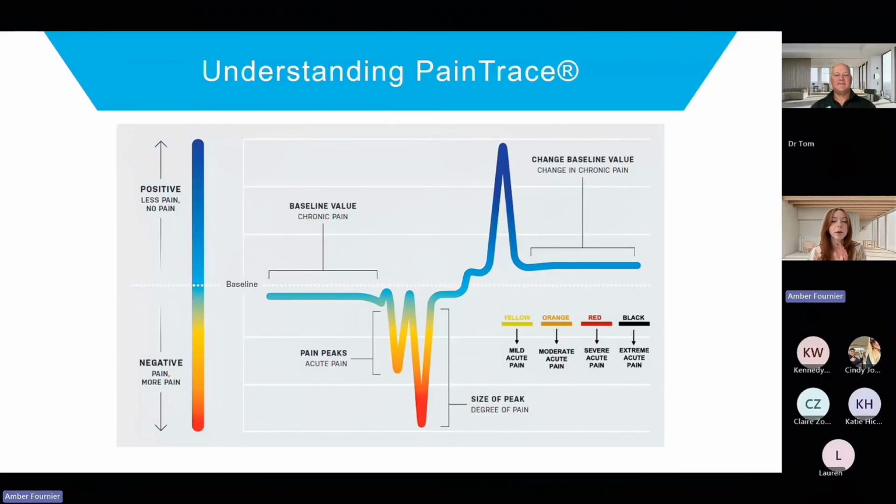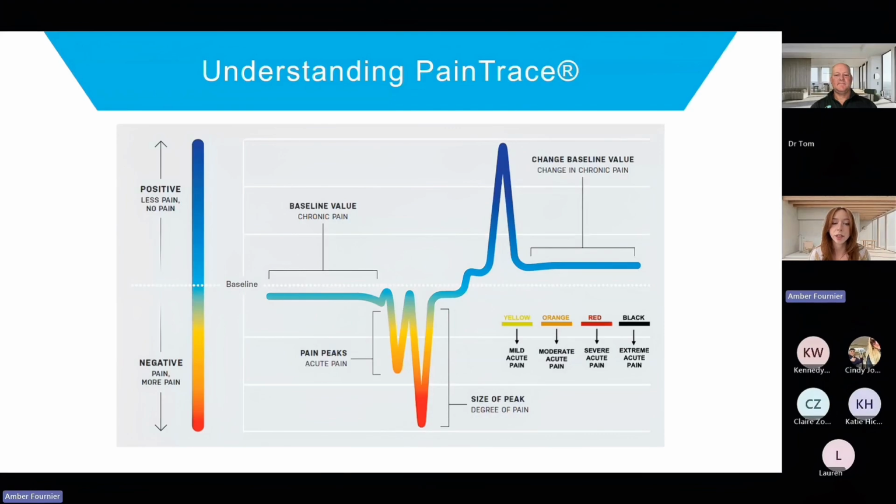So you could be at about a -1 and have some discomfort, or you could be at a -10, 20, 50, and you'd be considered chronically painful. And so an increasingly negative baseline is going to indicate a greater degree of chronic pain.